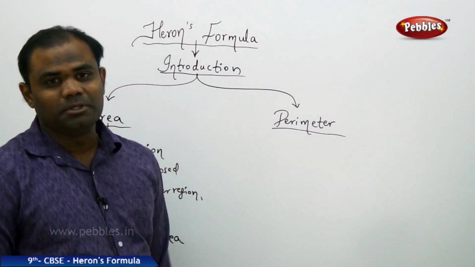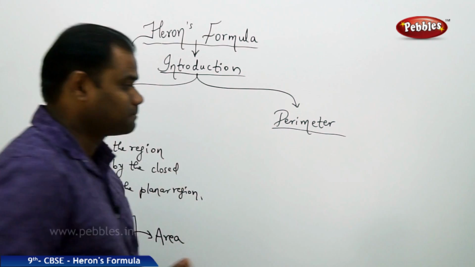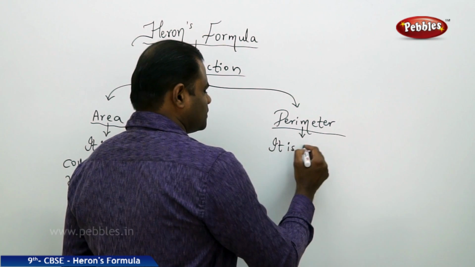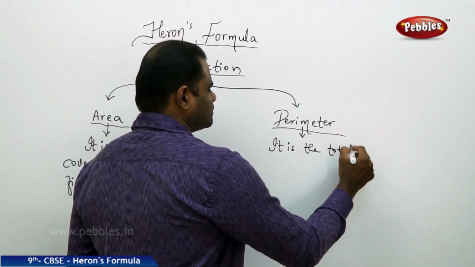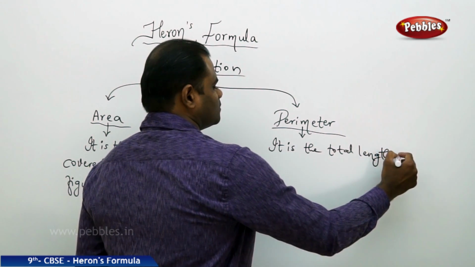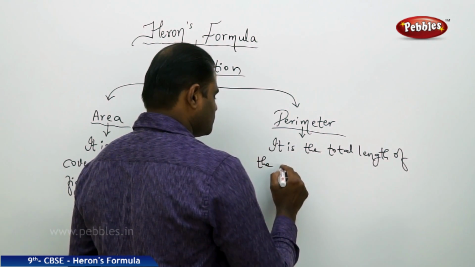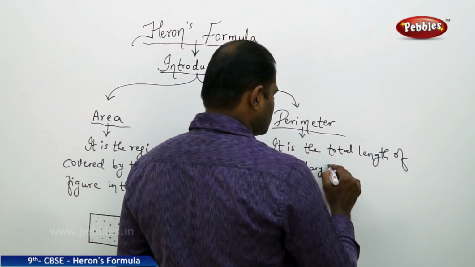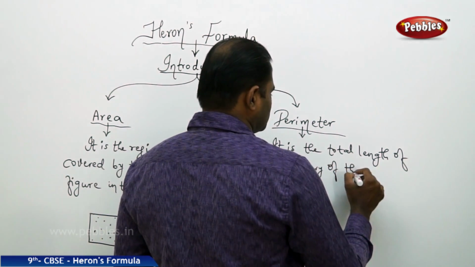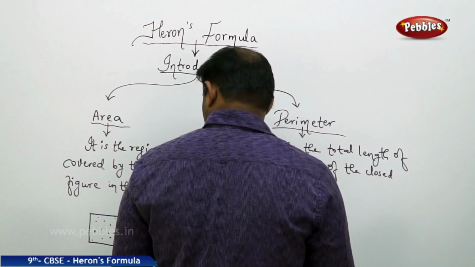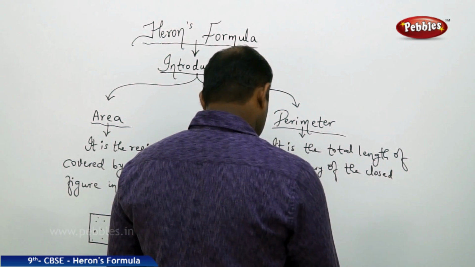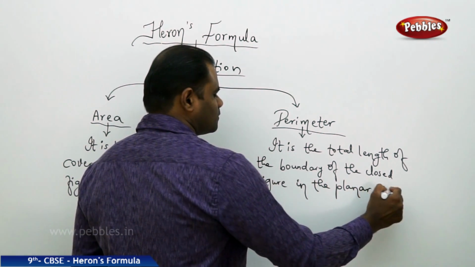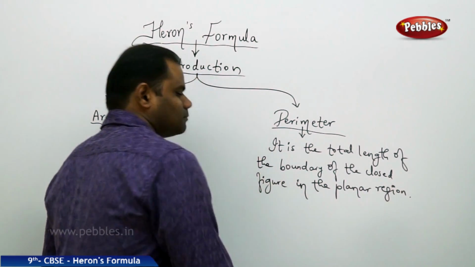Now let's see what the perimeter would be in general terms. Perimeter is the total length of the boundary of the closed figure in the planar region.